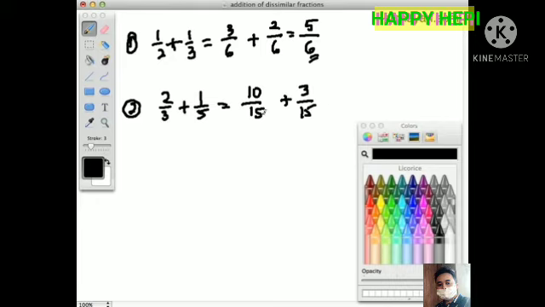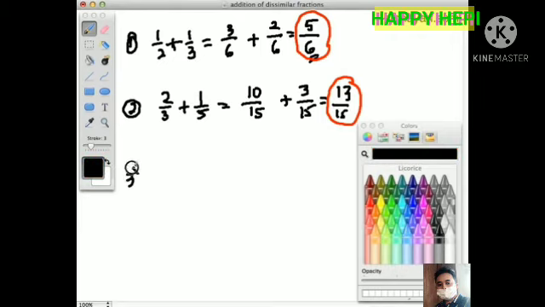Okay, then we will now add our numerators and copy our common denominator, which is 15. Our final answer is 13/15. Okay, so sa example number 1 natin, our final answer is 5 over 6. As number 2, 13 over 15.